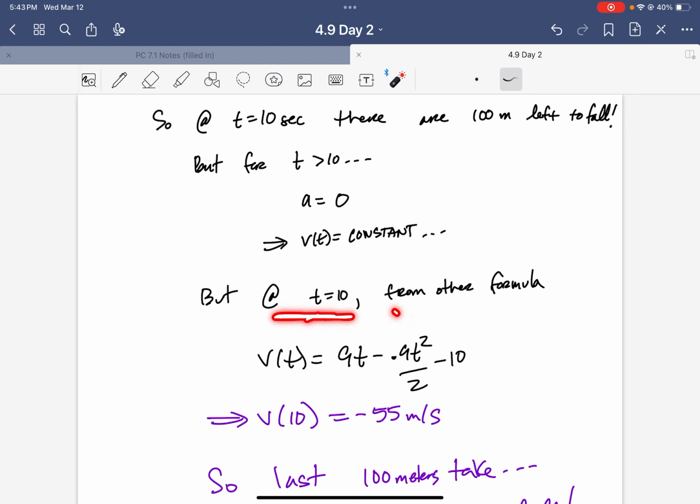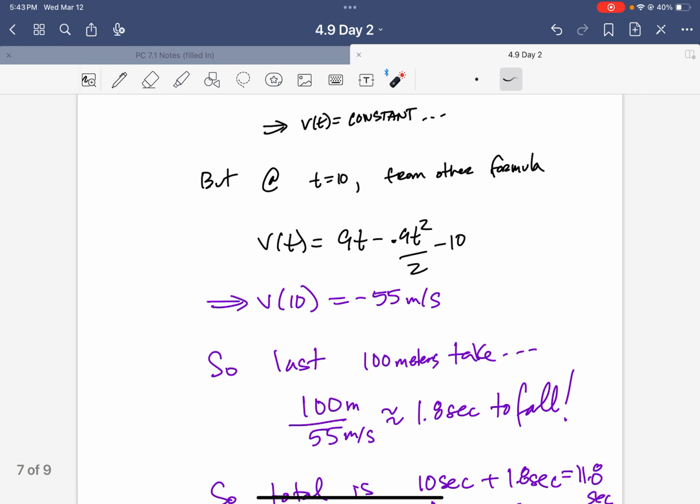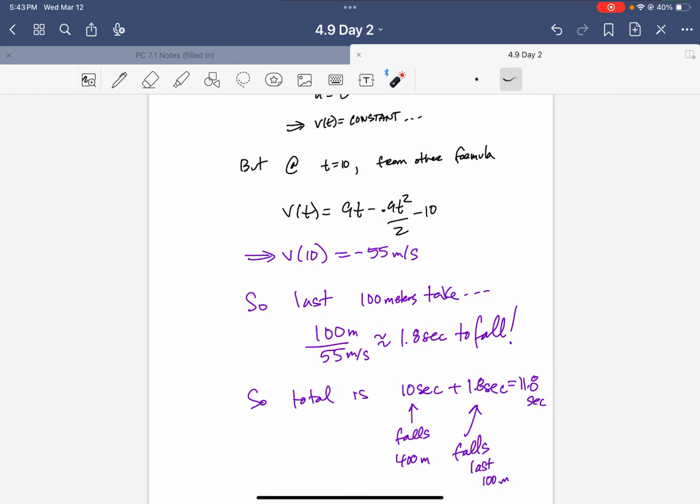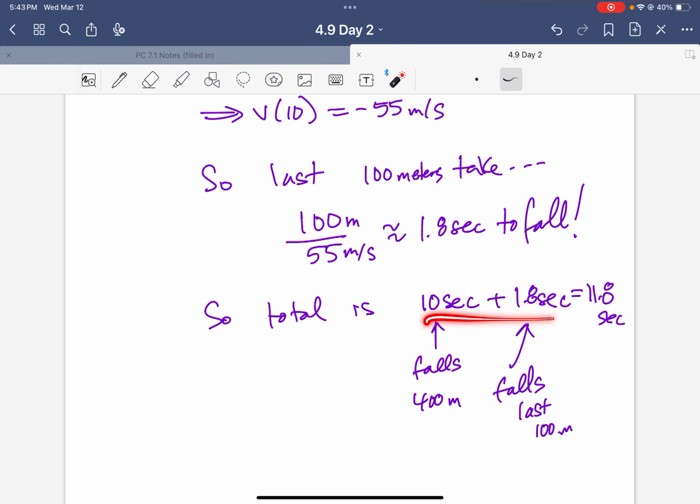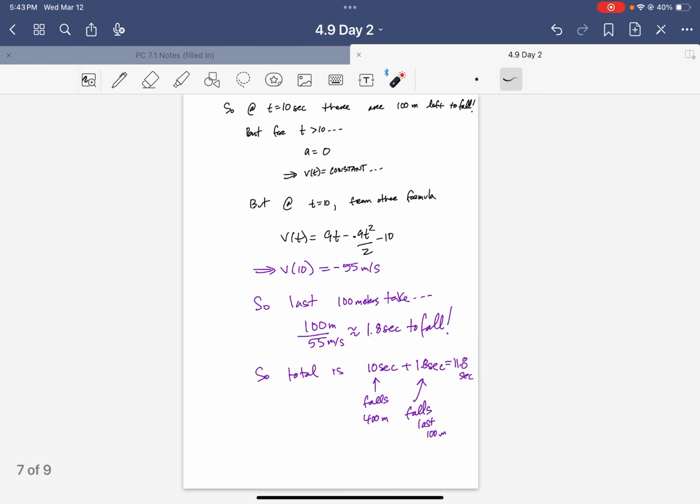From our formula, when we put in 10, we get negative 55 meters per second as the velocity. So for the last 100 meters, if it's constant, then that divided by that means the last 100 meters takes 1.8 seconds. So the total is 11.8 seconds.